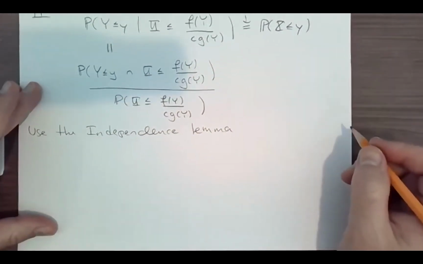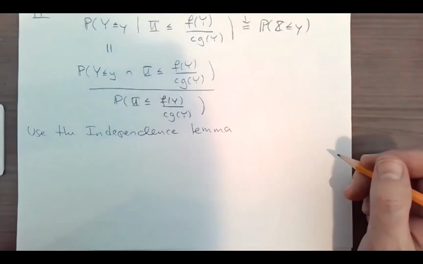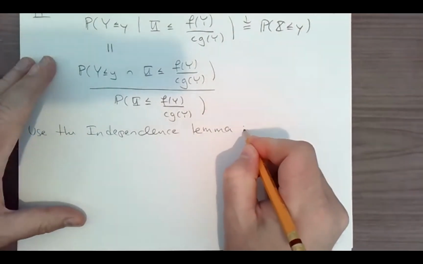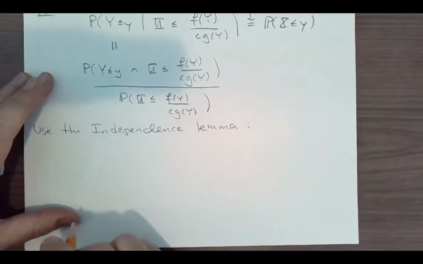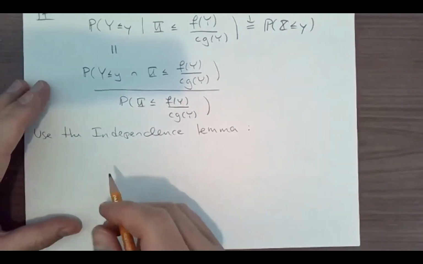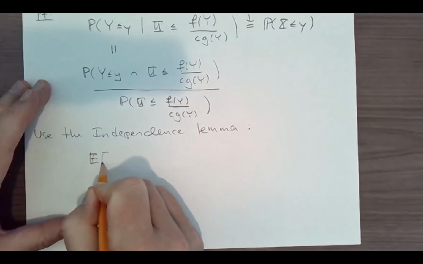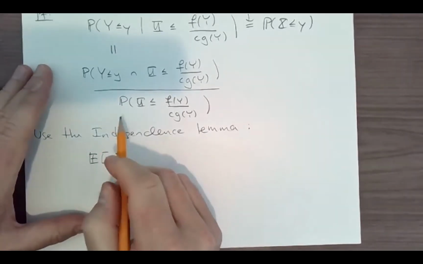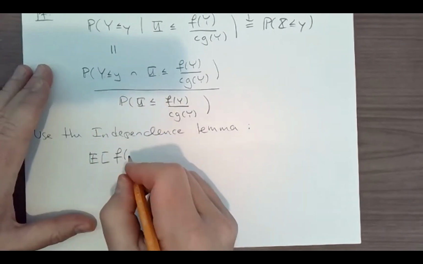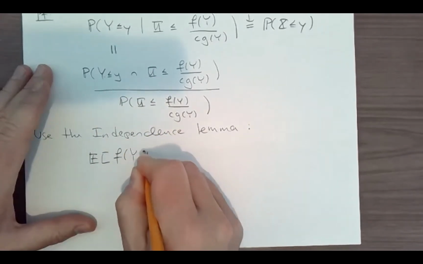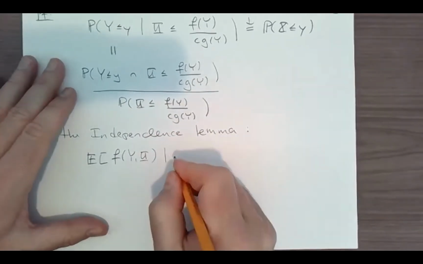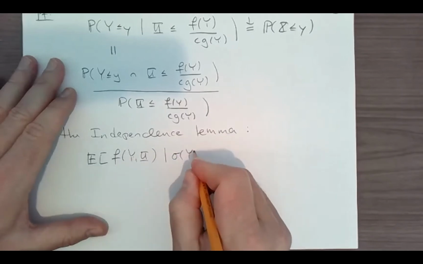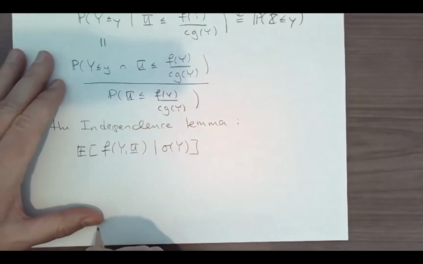Do we all remember what the independence lemma is about? Does anybody remember what the independence lemma is about? It says that if I take the expectation of a function, in this case of Y and U, and I condition on, say, Y, how do I compute this?